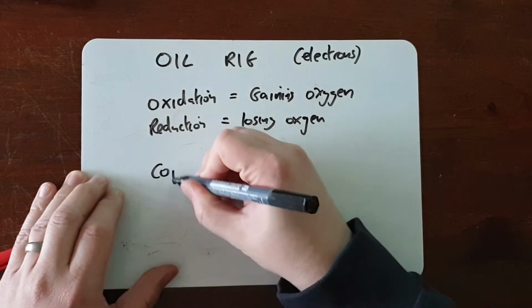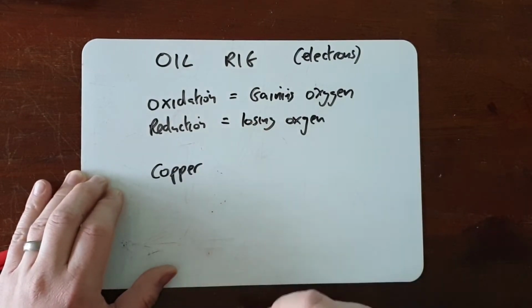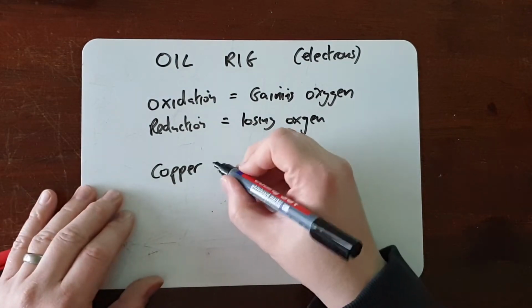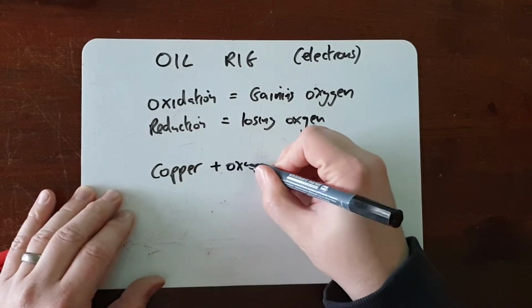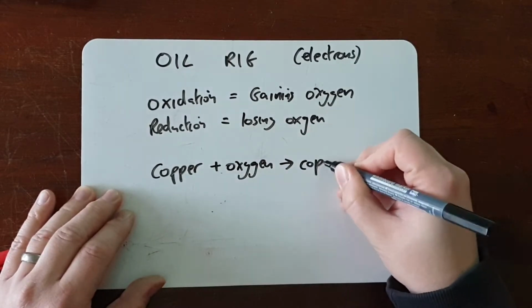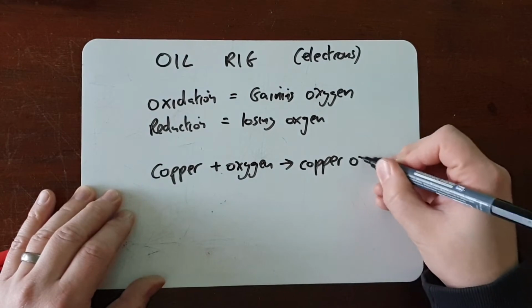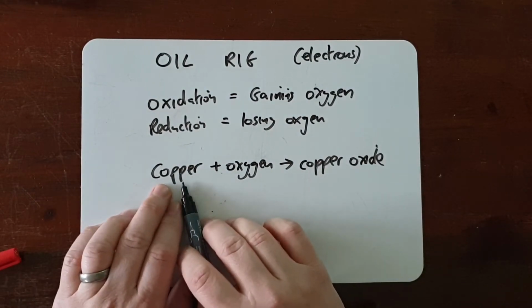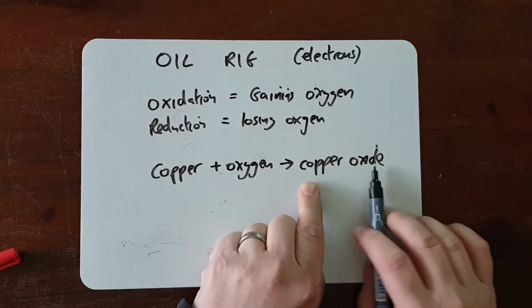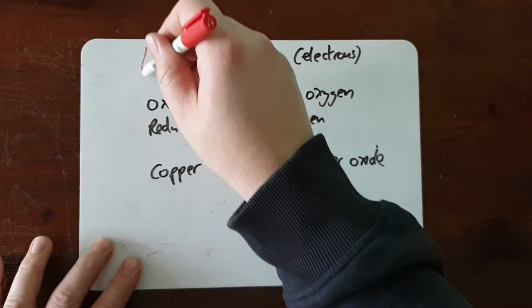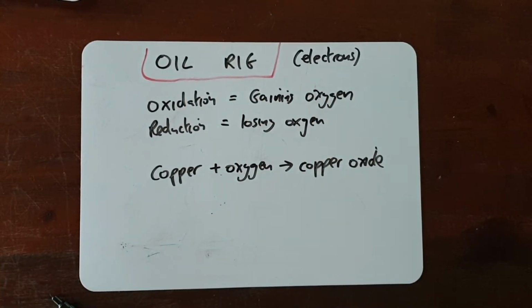So if I had some copper and I left it outside for ages, the copper would react with oxygen. So copper plus oxygen, and it would turn into copper oxide. So you could say, yeah, this copper has been oxidized and turned into copper oxide. That doesn't mean OIL RIG was wrong, right?